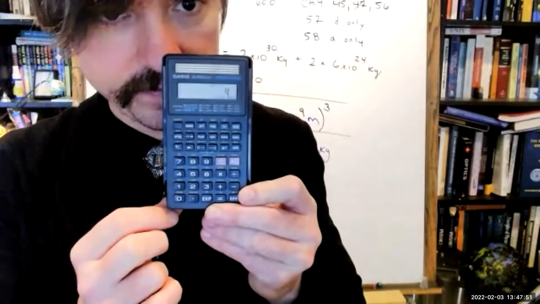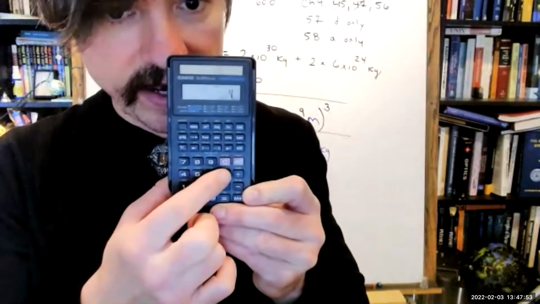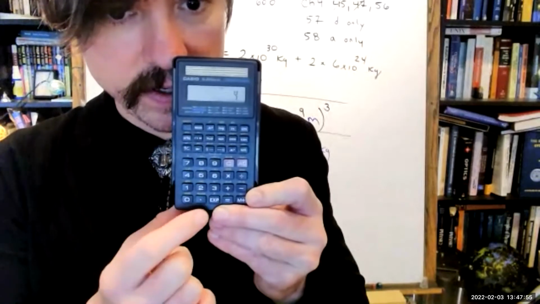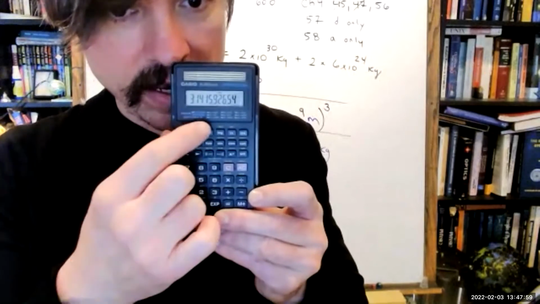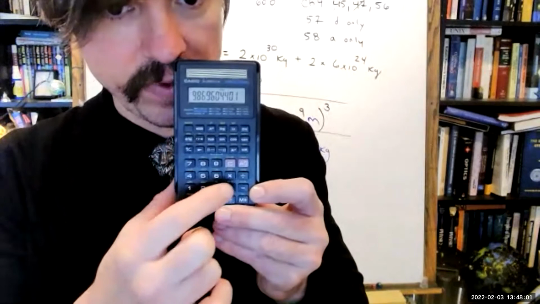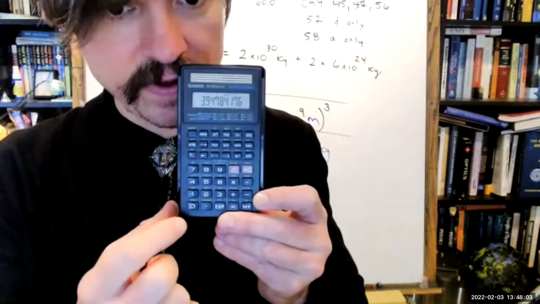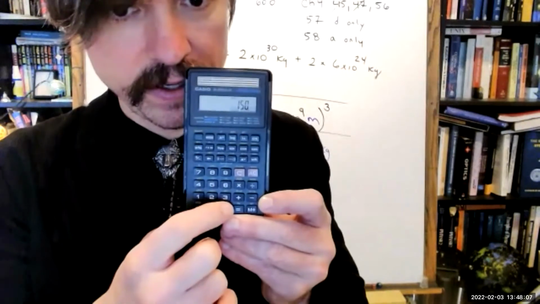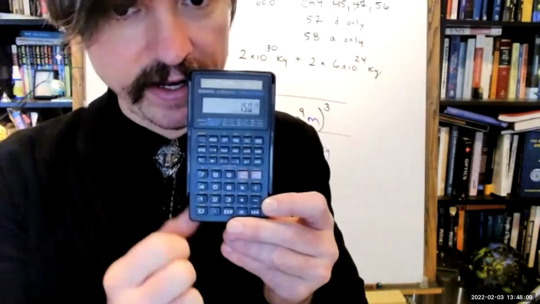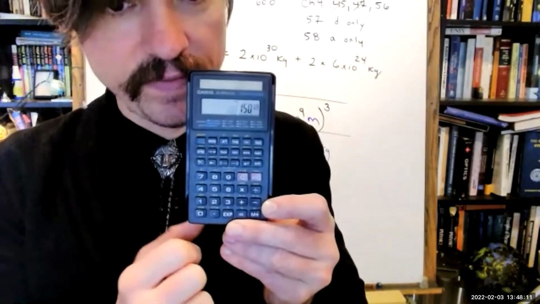4 times pi, which is just exp, and then squared, times 150 exp 9. We have to cube this.